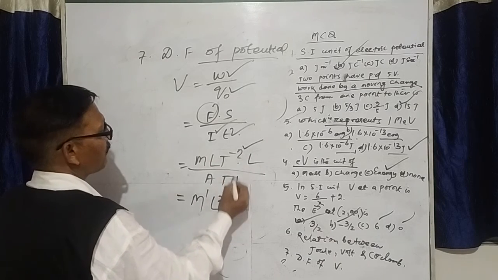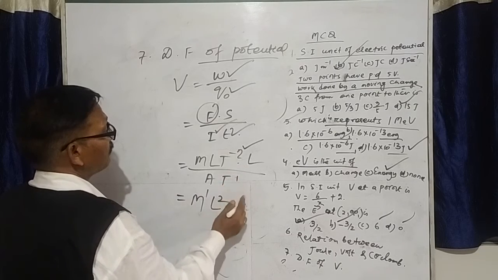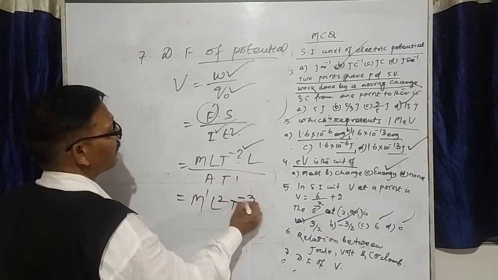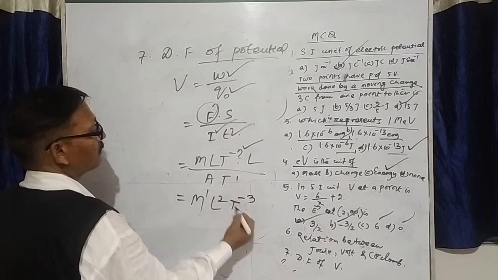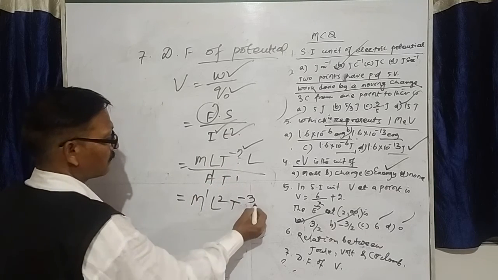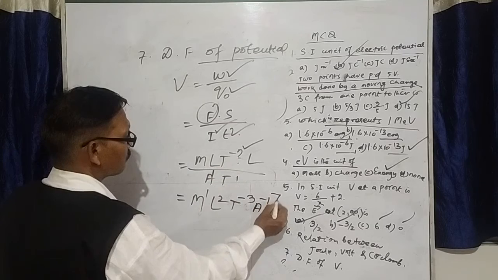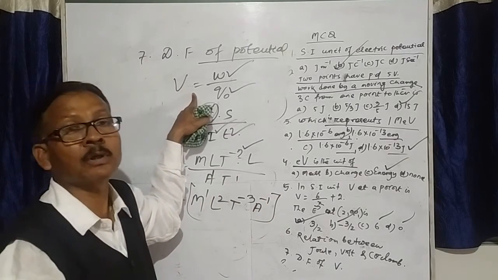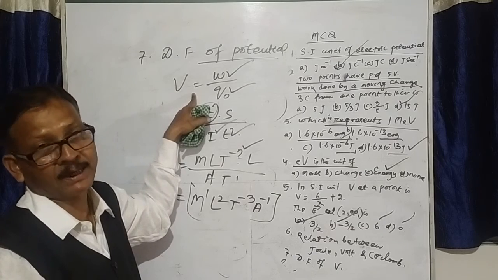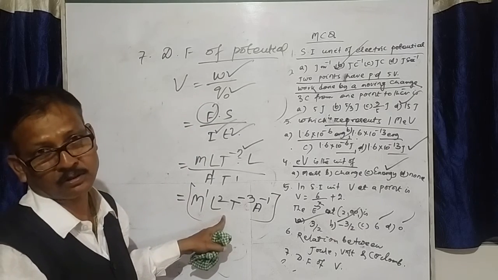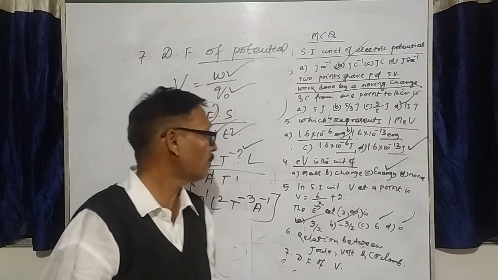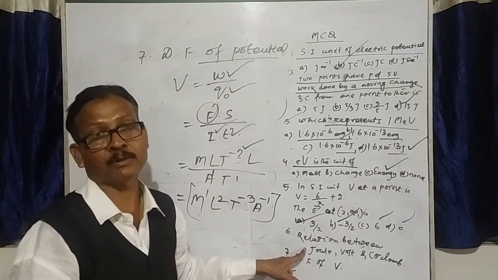This is T to the power of minus 3, minus 2, minus 1, and A to the power minus 1. So this is your dimensional formula. So if you know the process, then you can find the accurate answer. Otherwise, it will not support you in choosing the correct one.